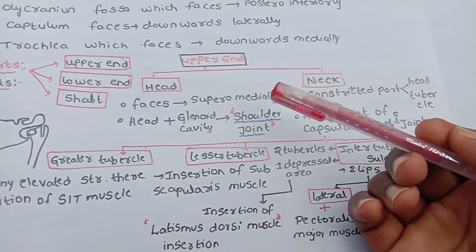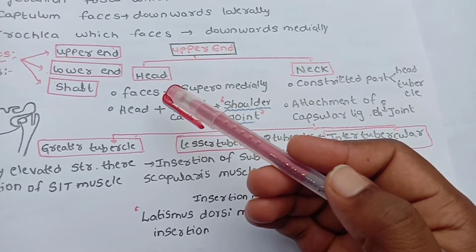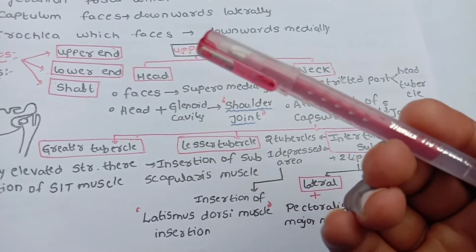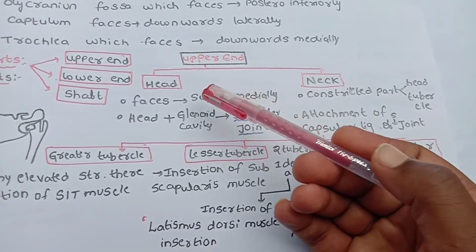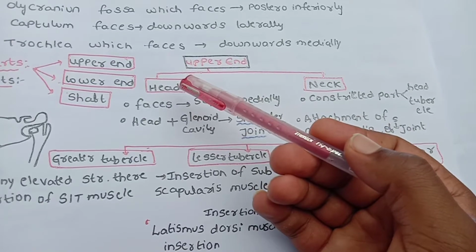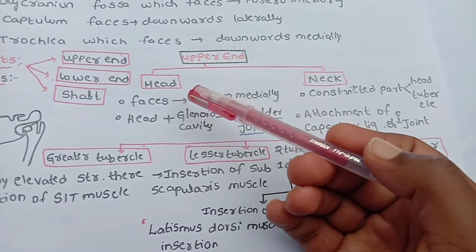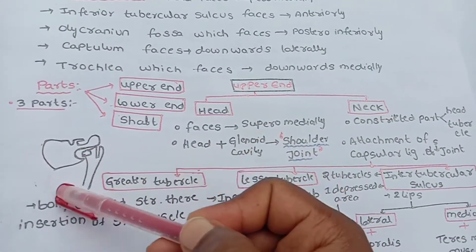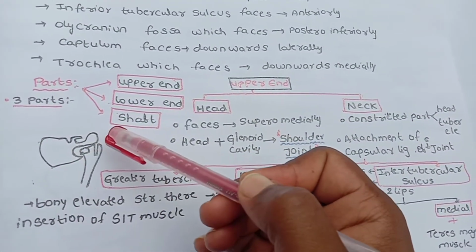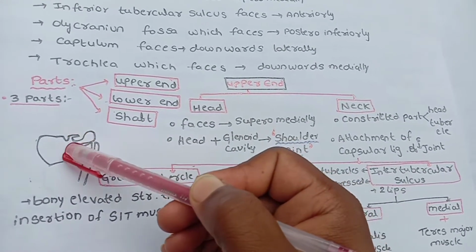The head faces superomedially and articulates with the glenoid cavity of the scapula. You will see this in the diagrammatic representation: the scapula attaches to the head of the humerus with the help of the glenoid cavity.